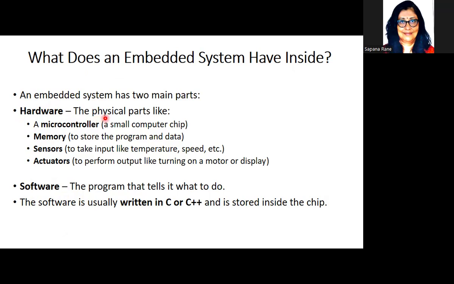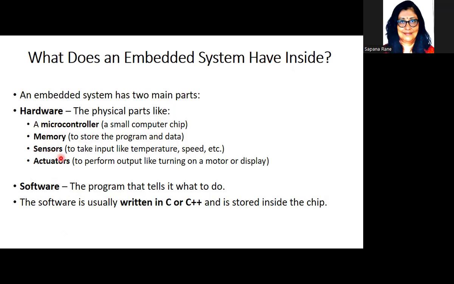Hardware is nothing but that which you can see with your eyes. That means the physical parts are the hardware of the embedded system. So which physical parts are present in the embedded system? Number one, a microcontroller. A microcontroller is a small computer which is present on a chip. A memory. Memory is used to store the program and the data.